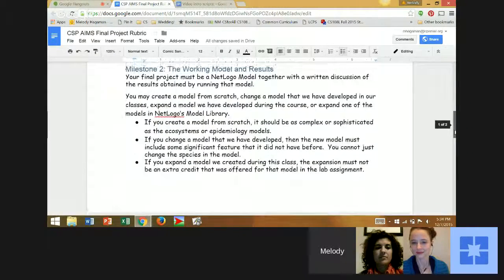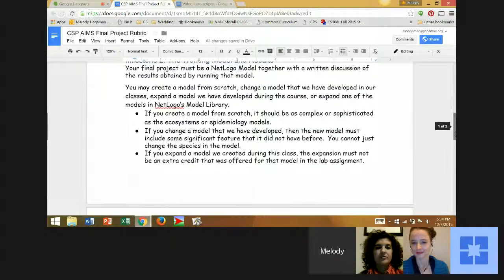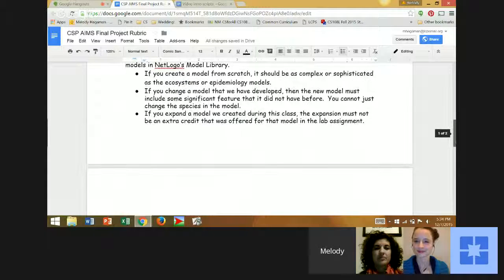Milestone 2 is for them to actually create their model, and it gives them some guidelines as far as they need to create something that's as complex or sophisticated as one of the more advanced models that they've already done in the unit, such as the ecosystems or epidemiology, or they can take a model and take it even further.